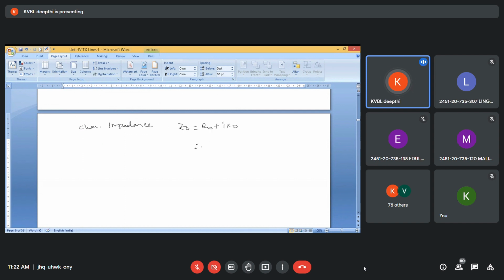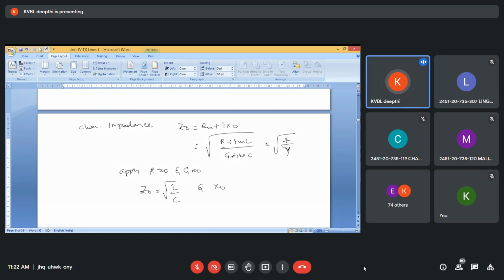Normally we write it as root of R plus J omega L by G plus J omega C, which is root of Z by Y. Now we apply the condition R is equal to 0 and G is equal to 0. Then Z0 will be equal to root of L by C.